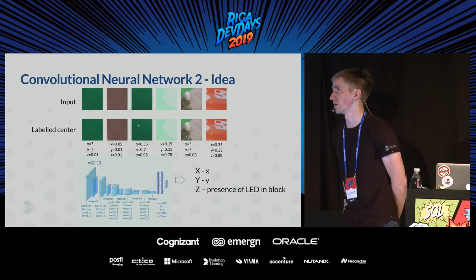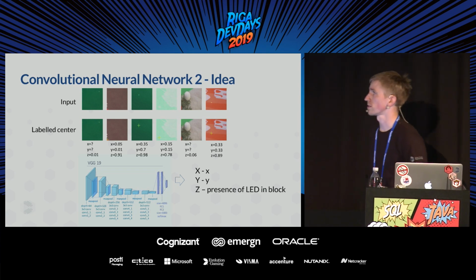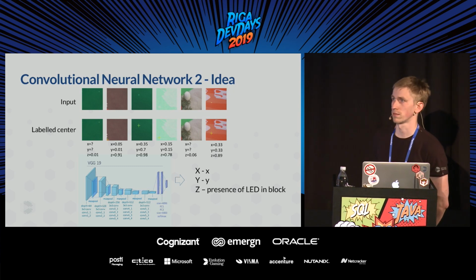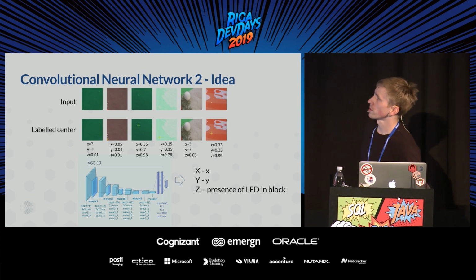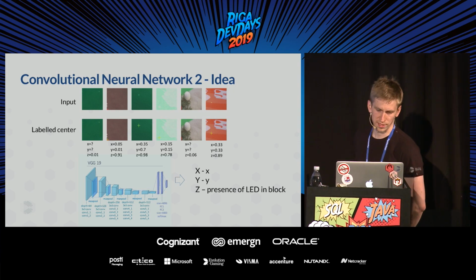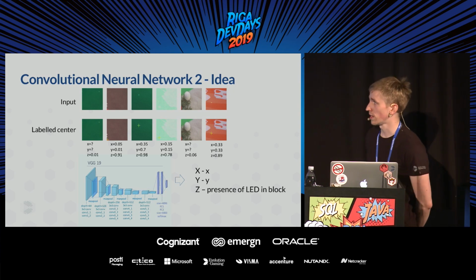The x and y were the coordinates of the LED in this block, and z the probability that there is an LED within this block. On the top you can see examples that the neural network predicted for us. So this solution worked the best.